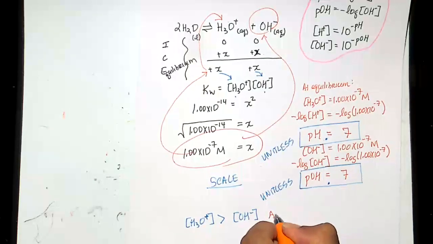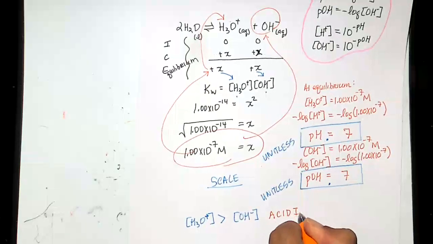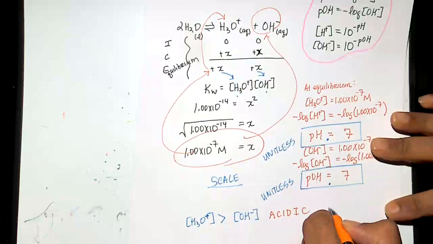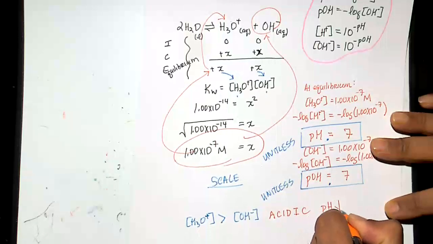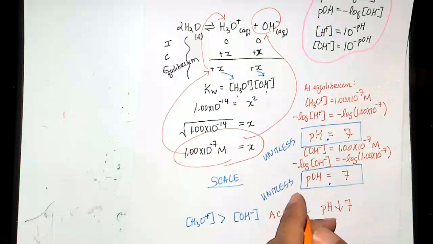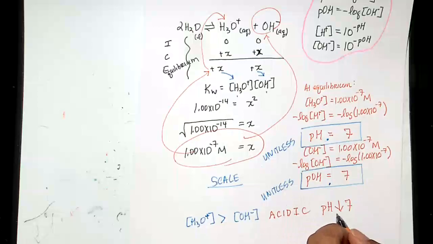What will that make your pH, higher than 7 or lower than 7? Remember from beginning chemistry, it means your pH would be lower than 7, because of the minus log rule. So the lower the pH, the more acidic it is.